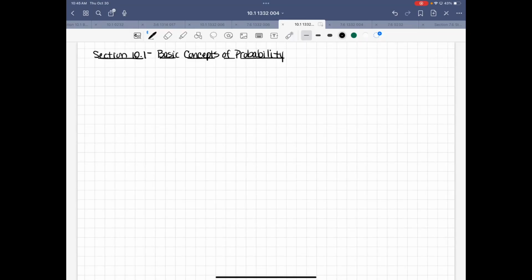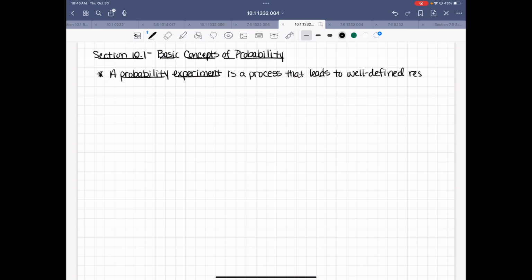We're going to start off like we usually do with each unit. We've got several definitions, okay? A probability experiment is a process that leads to well-defined results called outcomes.